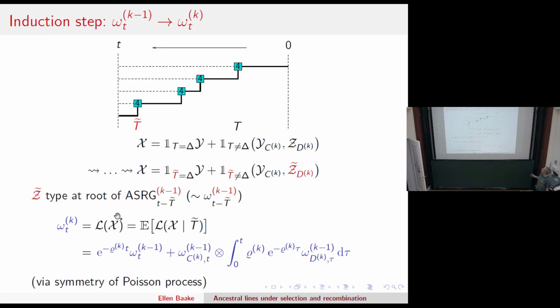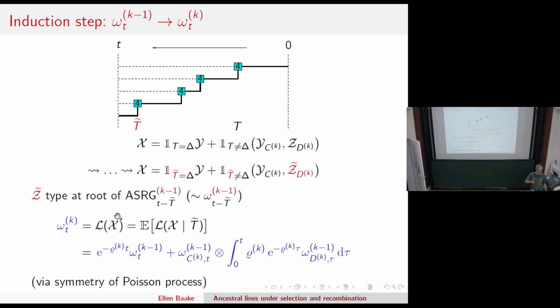So as indicated here, follow back, attach, expand, follow back, attach, expand, and so on and so forth. And the rest of the picture is summarized here into these dashed lines. And you do that until you attach an ASRGK that has no 4 square on its ancestral line.